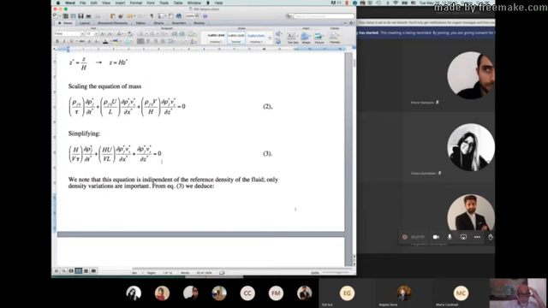So if the density varies between 0 and 1, and the scaled density and the scaled time vary between 0 and 1, the fraction between these two differentials varies between 0 and 1.